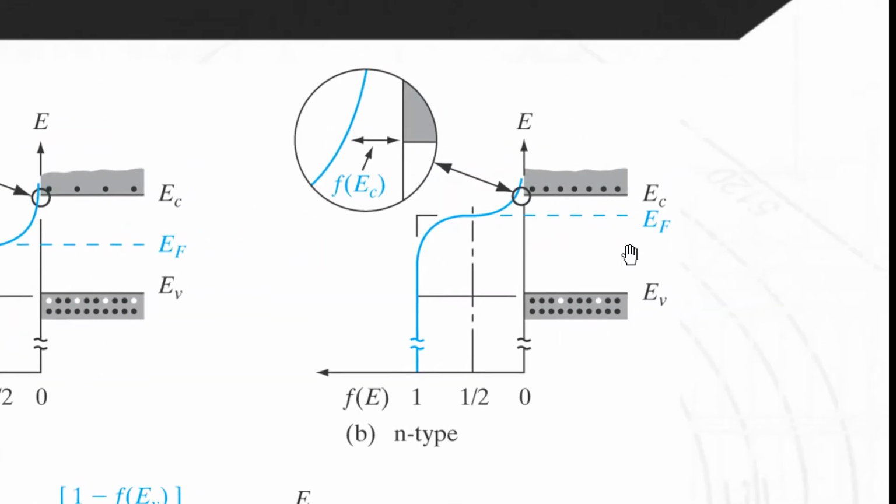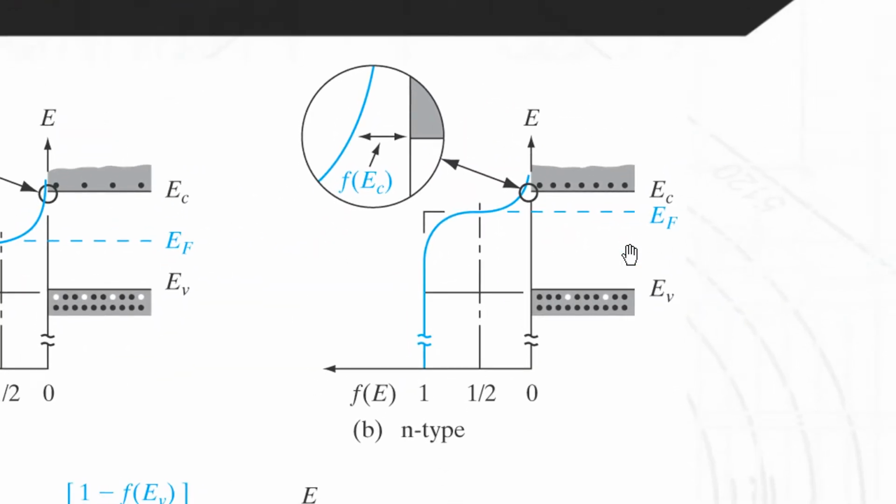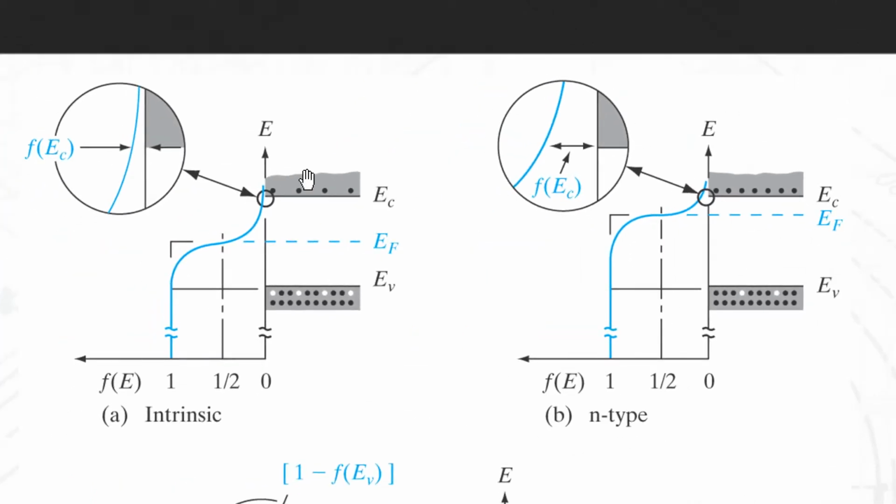So now we look at the N-type semiconductor. The difference that you notice here is that the Fermi level is now close to the conduction band. The Fermi level has shifted upwards from in between here to close to the conduction band. So if we compare these two, before there was a very, very low probability of finding an electron at EC.